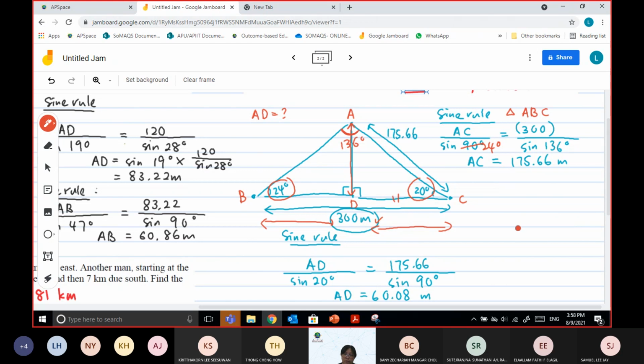Any other question? Miss, I think you can use the trigo rule for a right angle triangle for the second part. Do you mean the Pythagoras theorem? Not Pythagoras theorem, the one you can use on a right angle triangle, using sine, cos, or tangent.